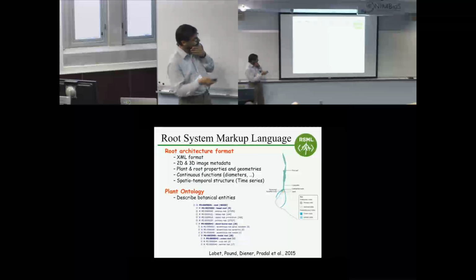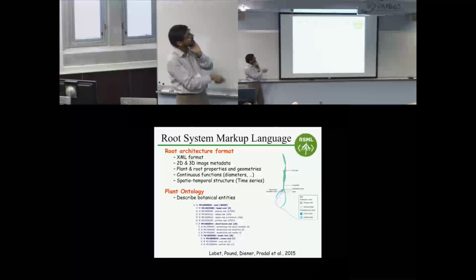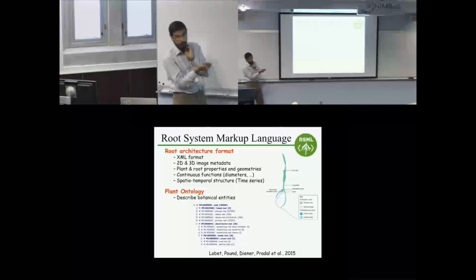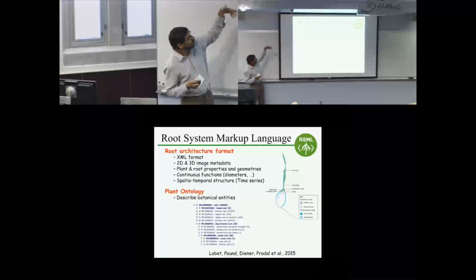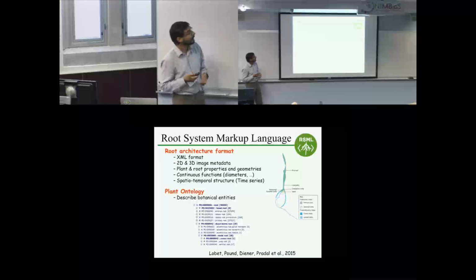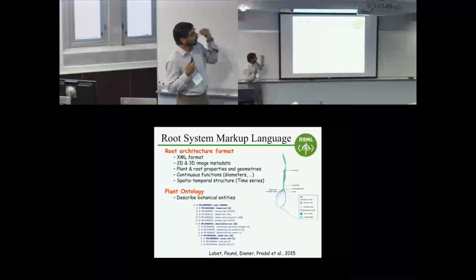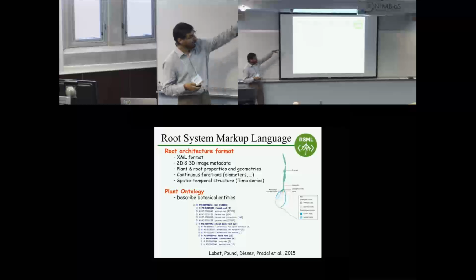Another international initiative is to define a format, which is not a central data structure, because the data structure depends on a specific programming language. Here it's just a representation for root systems acquired from 2D or 3D images to represent the geometry, the topology, and the development of the plants based on plant ontology.